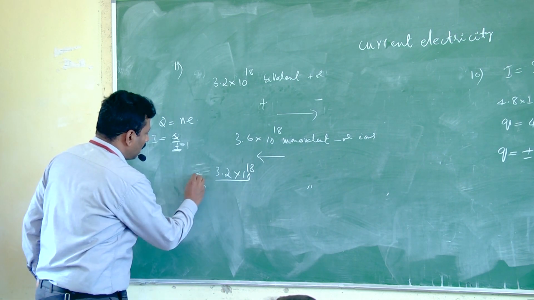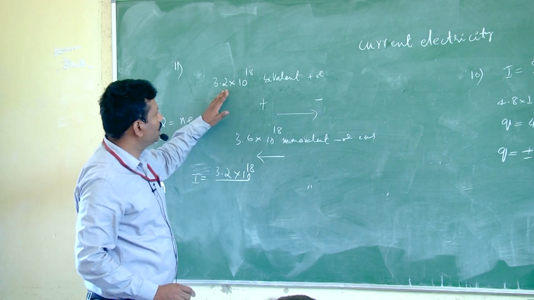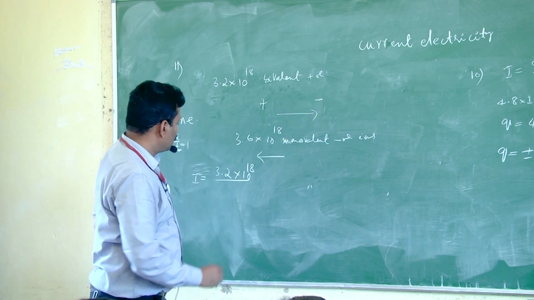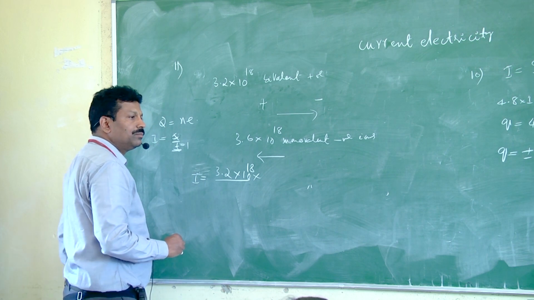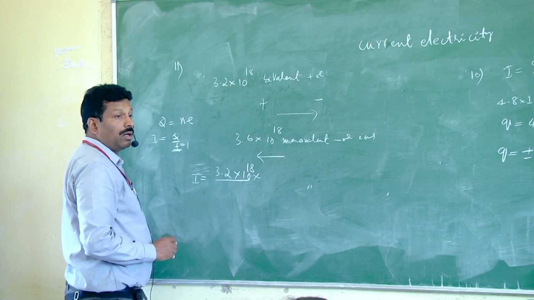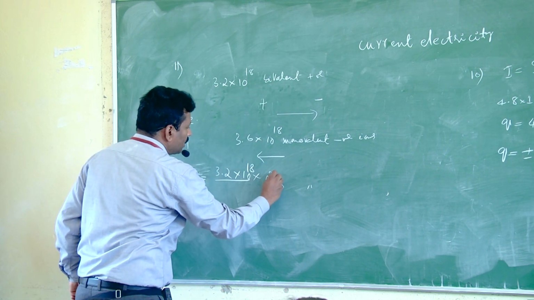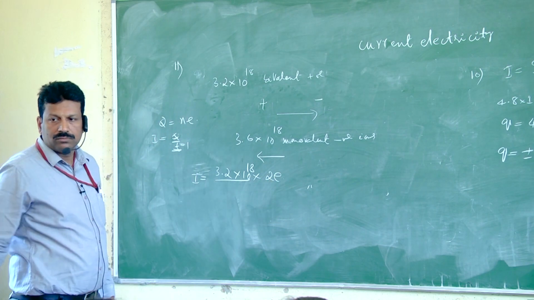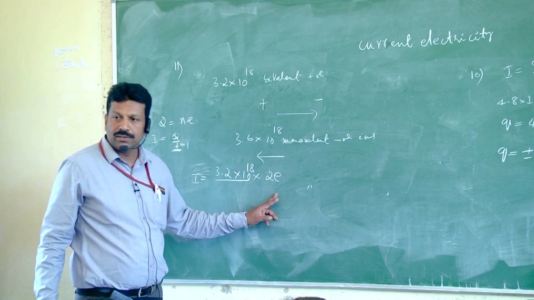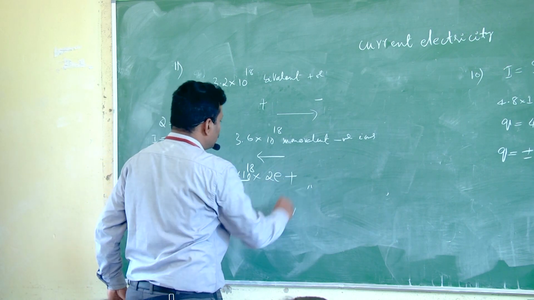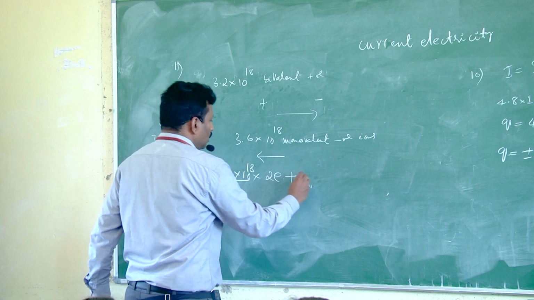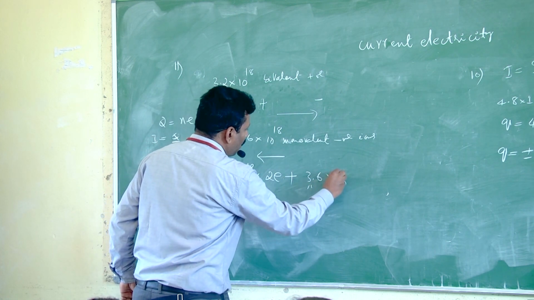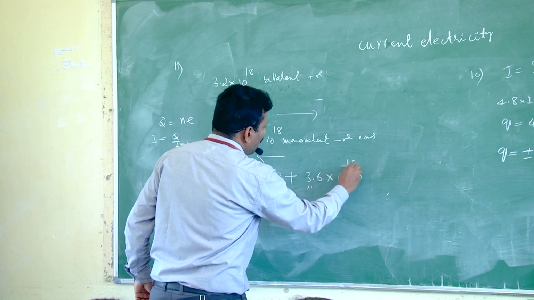Now this is I. So first we take positive ions moving from right to left. So 3.2 into 10 to the power of 18 into what is the charge of them? Bivalent is 2E. Correct? Plus, what we have here: 3.6 into 10 to the power of 18 monovalent negative ions.